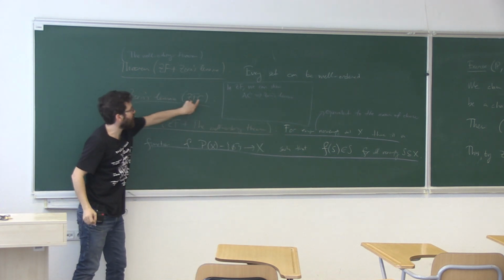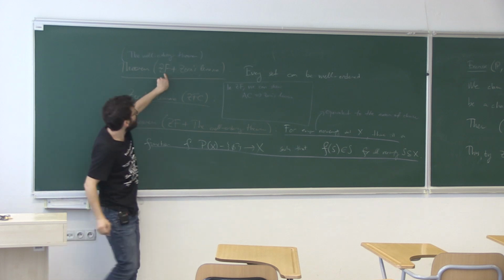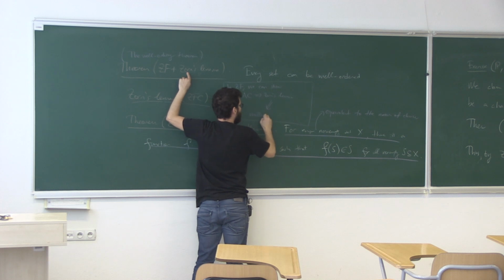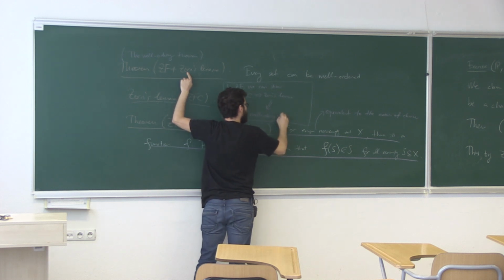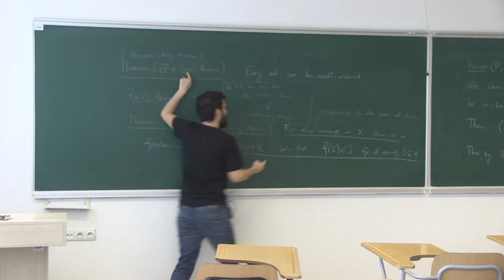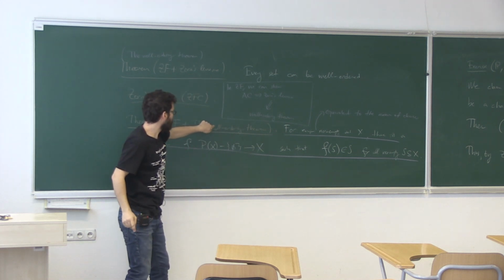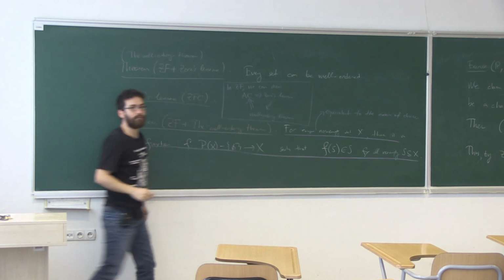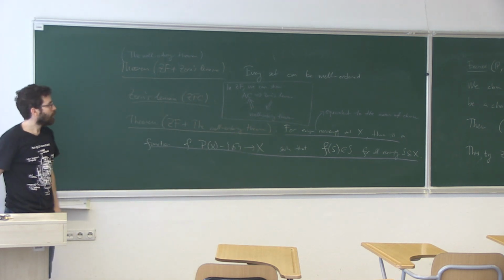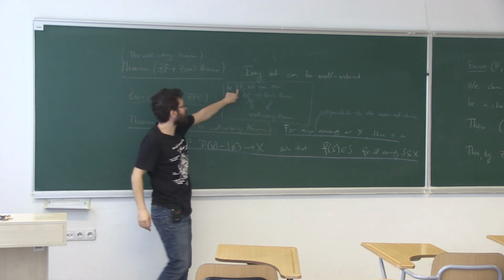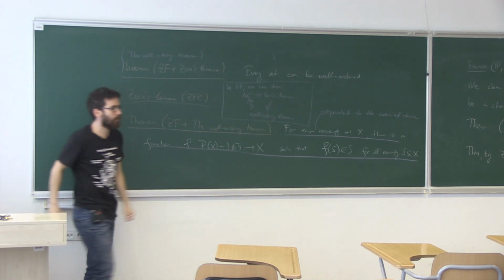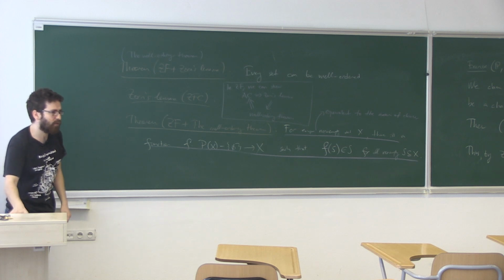When I assume Zorn's lemma, I can prove the well-ordering theorem. And now I'm going to show you that if I assume the well-ordering theorem, I can prove the axiom of choice. So if we only assume the axioms of ZF, all these statements are equivalent to each other. This is what I'm trying to get at.